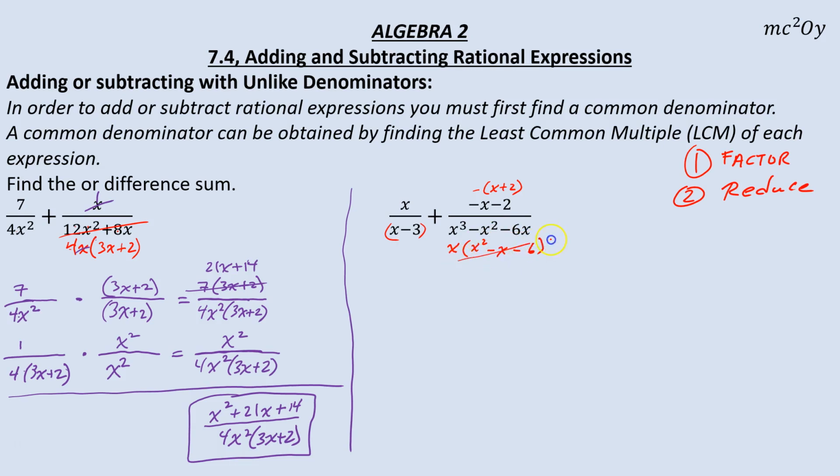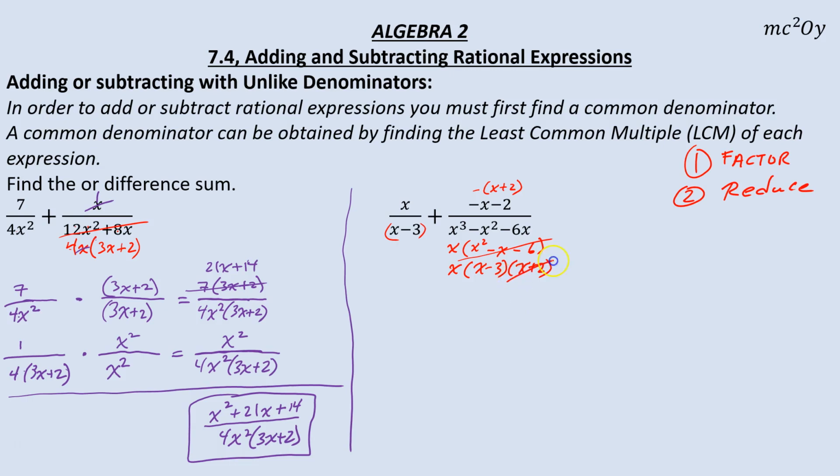And then I can factor this whole thing. This actually becomes x times x minus 3 and x plus 2. All right. And can't reduce. Oh, yeah, I can. I can reduce right there.